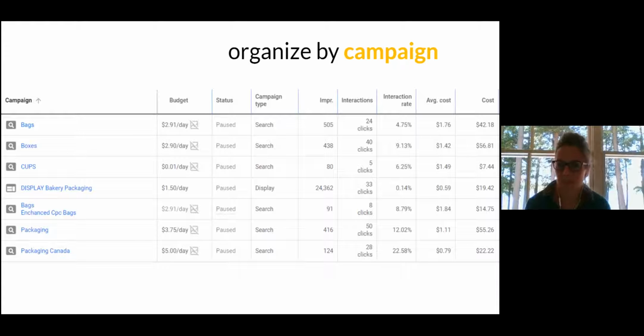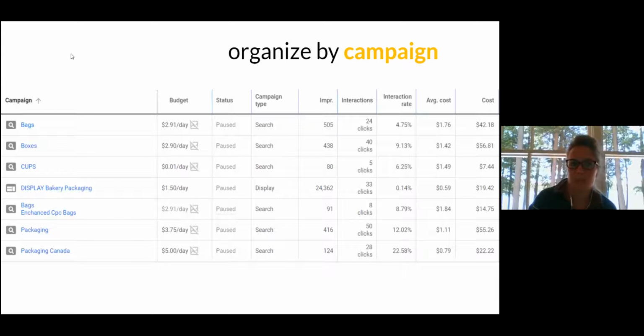The very first thing that you do when you start a Google Ads account, and accounts are free to start, so I would encourage everybody to just start one and play around with it. You don't need to input a credit card or spend a nickel to get into the platform and start to play around. But once you do start to set something up, the very first thing that you need to set up is something called a campaign. And a campaign is nothing more than a collection of ad groups.